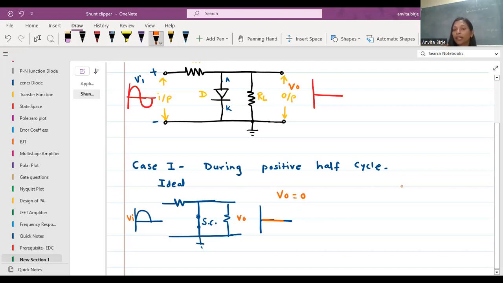But if I consider a practical diode, what happens? Practically, it will be replaced with a voltage drop of 0.7. So if I redraw the circuit, I have to draw the voltage of 0.7.